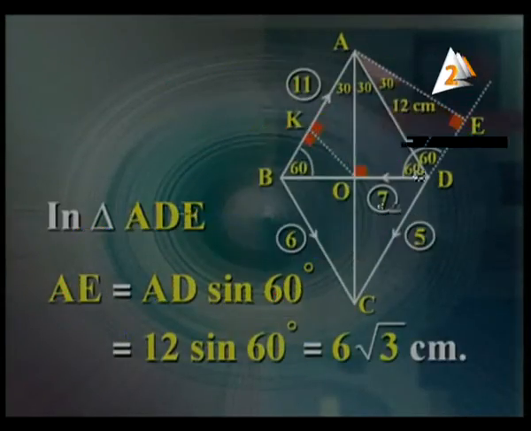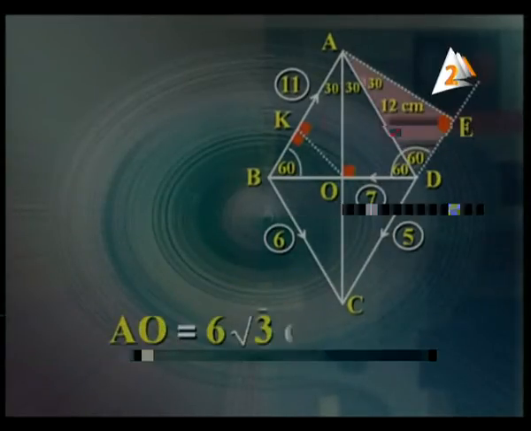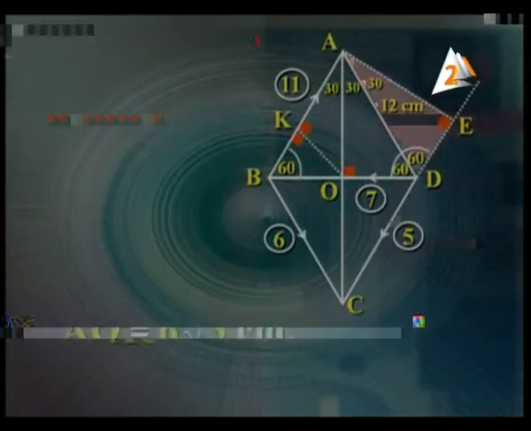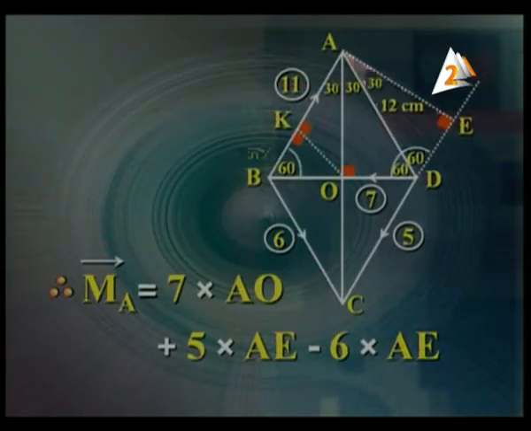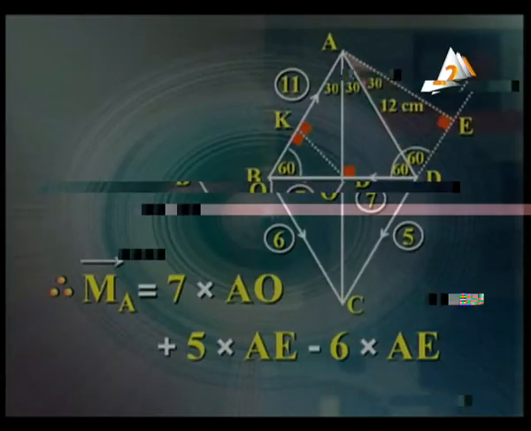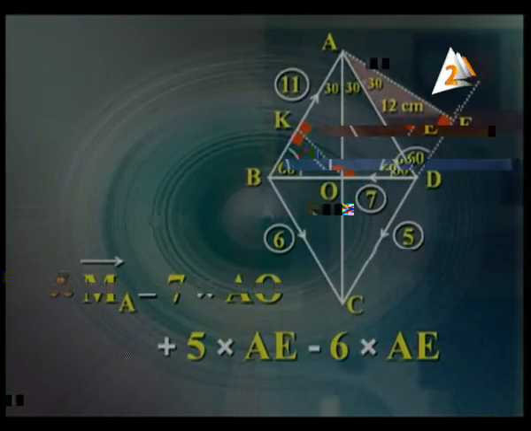Now, to take the moment about the point A, we say 7 times AO plus 5 times AO minus 6 times AE, which is equal to 7 plus 5 minus 6 times 6 root 3, which is equal to 36 root 3 Newton centimeter.